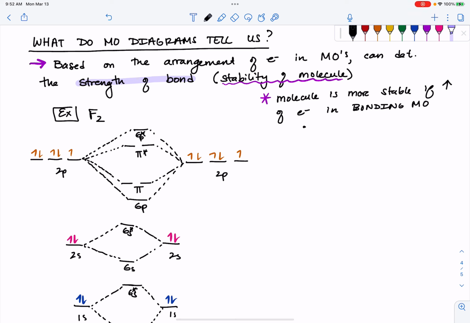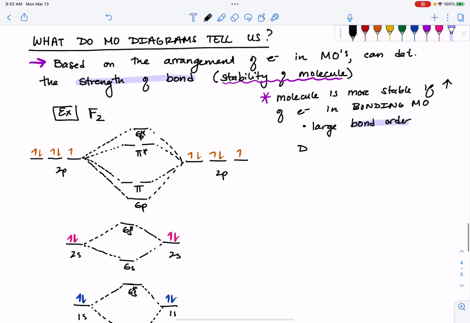In other words, if we have a large bond order. So let's define bond order.